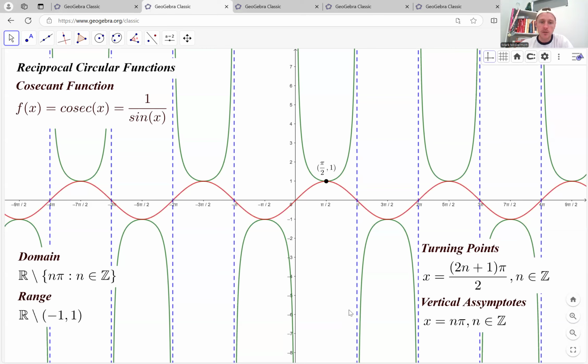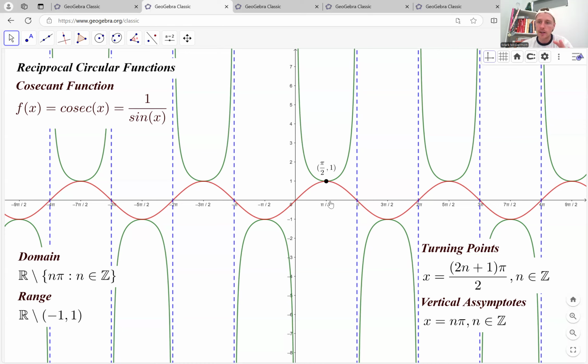So let's maybe just look at it to begin with. In green, we have the cosecant function. In red, I hope you recognize we have the sine function. And what you'll notice is you start getting asymptotes. I think this is a good place to start. So let's think about what's happening.